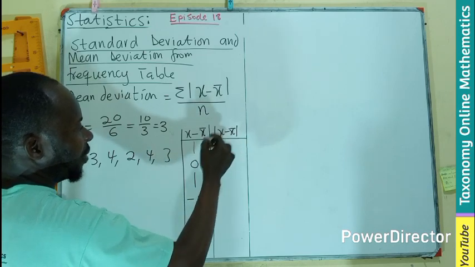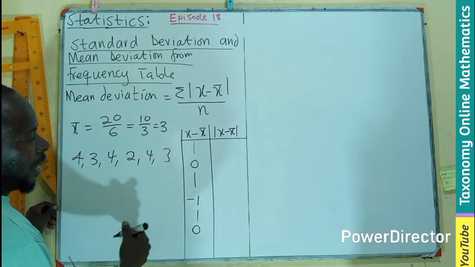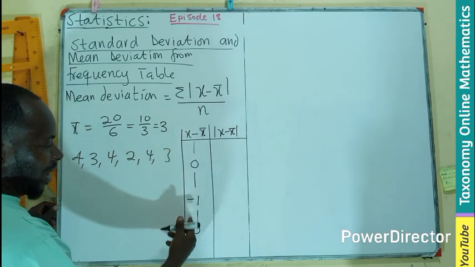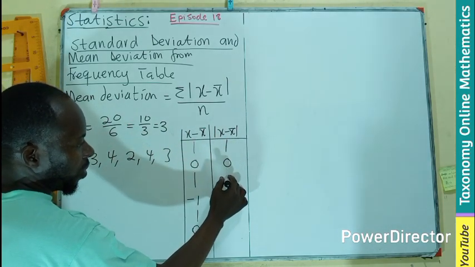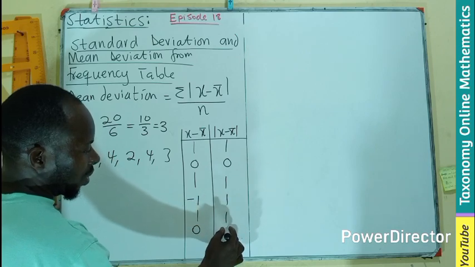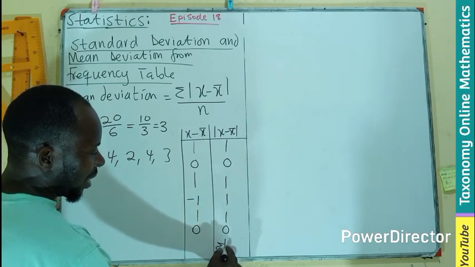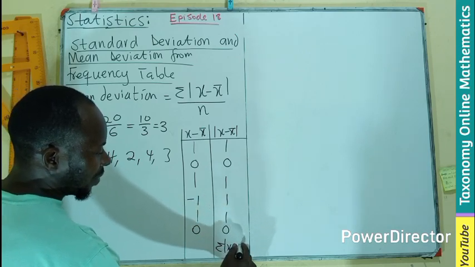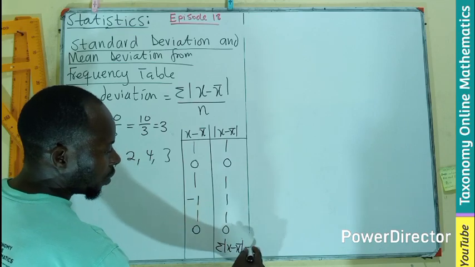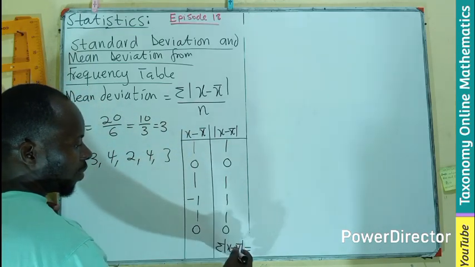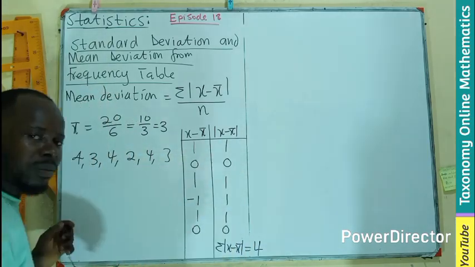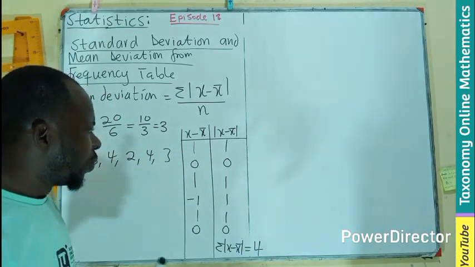Remember the tutorial from episode 8, we are picking this number if it is negative. So 1, 0, 1. So sigma of the absolute of x minus x bar, meaning we are adding all of this: 1, 2, 3, 4. So we have 4. That is the value we have.